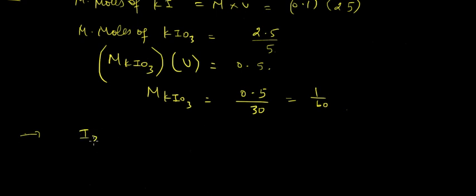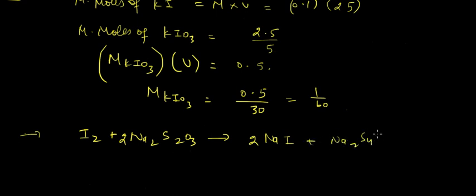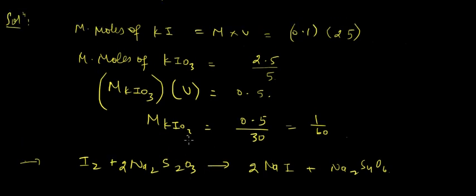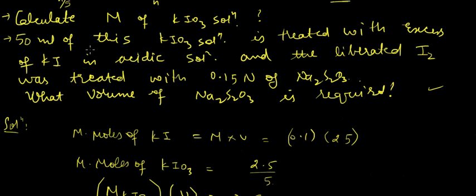Hence I'm just writing the second part of the titration, which is Na2S2O3 reacting with I2 forms 2 moles of NaI plus Na2S4O6. Okay, so how many millimoles of KIO3 would have been consumed when 50 ml of KIO3 was reacted with KI?